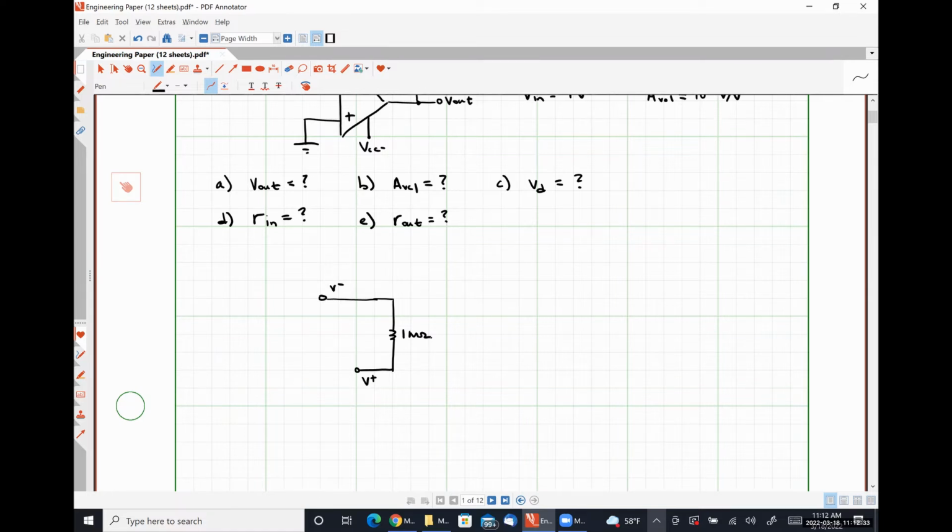That does not change the fact that our differential voltage VD is defined to be the voltage at the non-inverting input terminal minus the voltage at the inverting input terminal. I am flipping this resistor over only to make this circuit easier to draw to include the feedback.